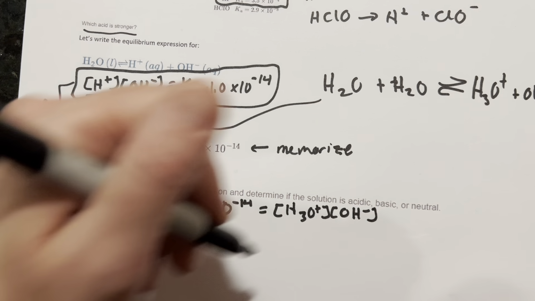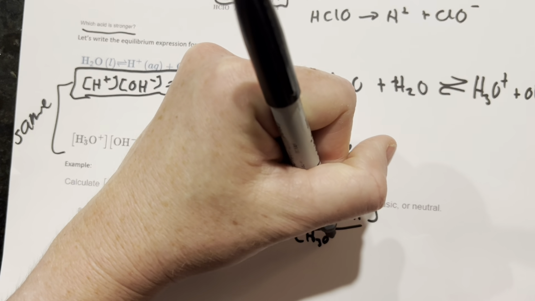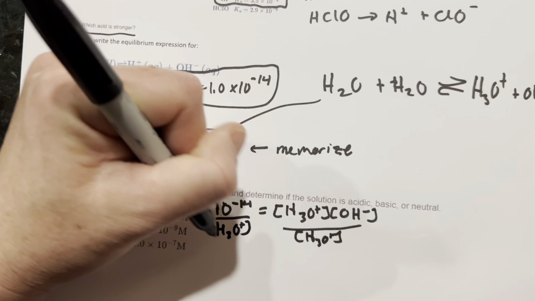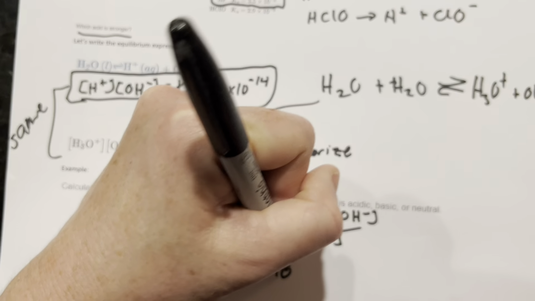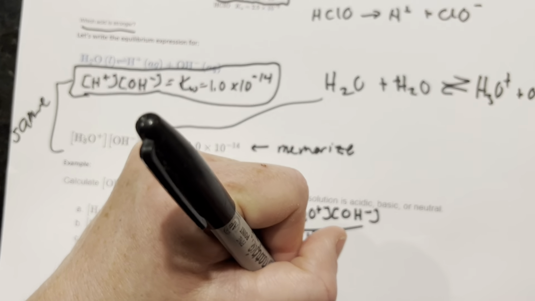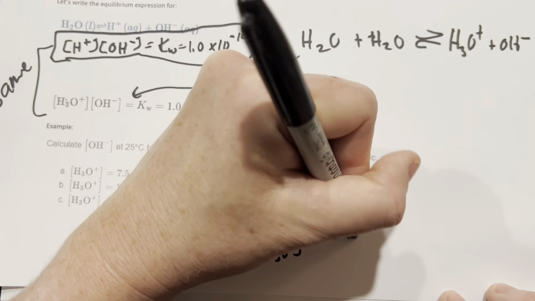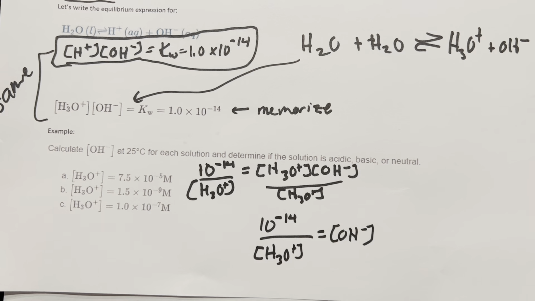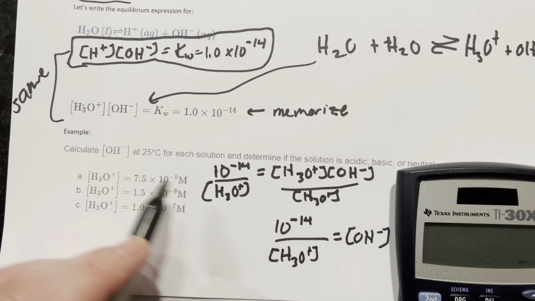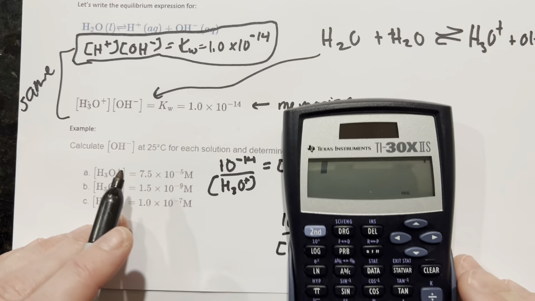Our OH minus will always equal 10 to the negative 14 divided by our H3O plus concentration. All right, so let's go ahead and solve the first one. Knowing this, I'm just going to take 10 to the negative 14 and divide it by this number right here to get my answer for the first one.